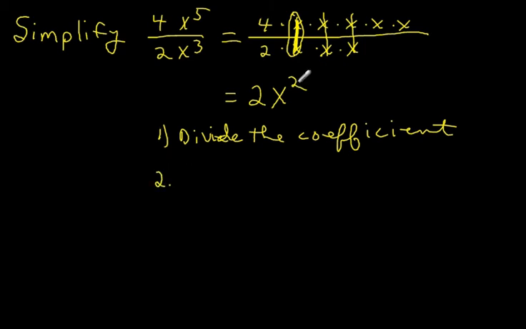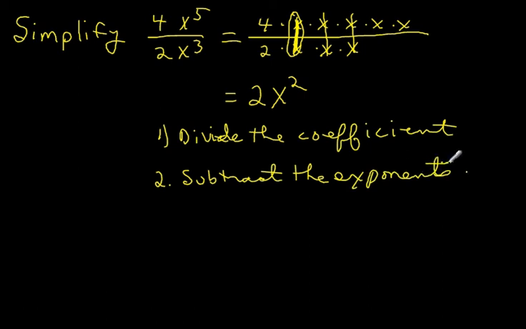For our exponent, we know that we can get this x squared by thinking about 3 of these x's canceling with 3 of those, and so I would have 5 minus 3, or 2 x's left over, so I will subtract the exponents.